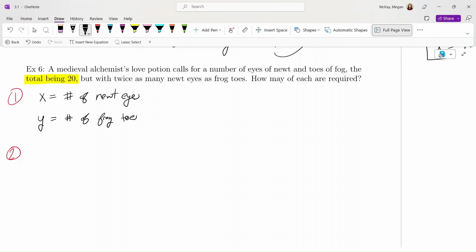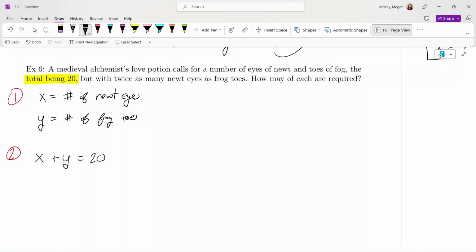So we need the number of newt eyes plus the number of frog toes, and the total being 20 means that x plus y should equal 20. Okay, that's our first equation.